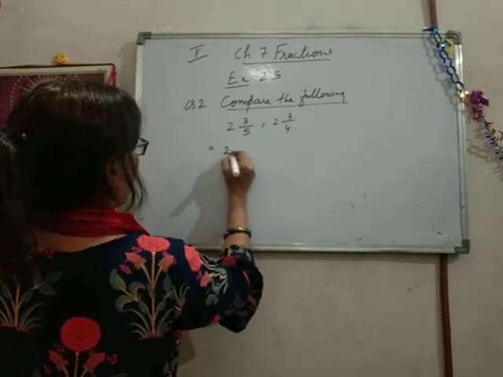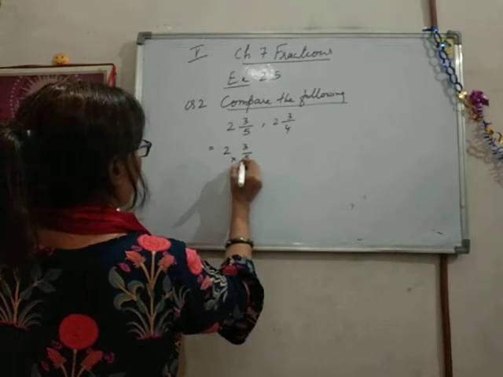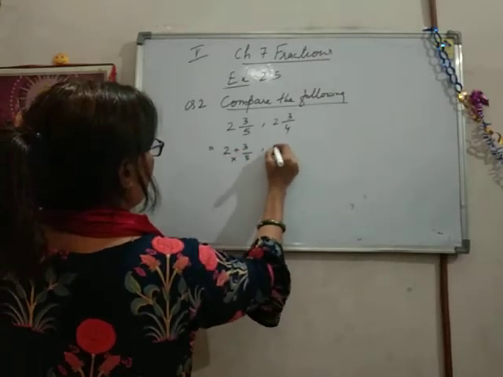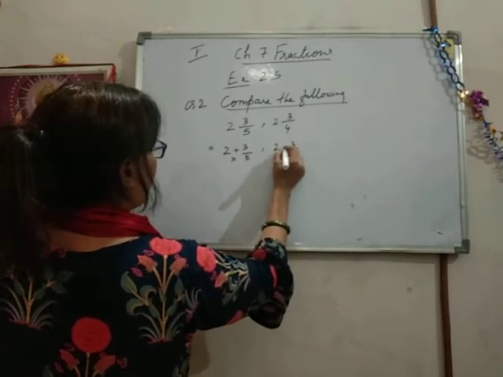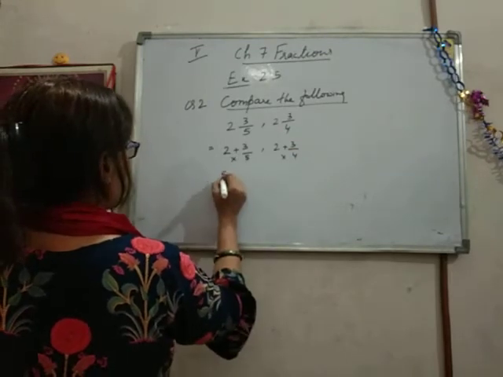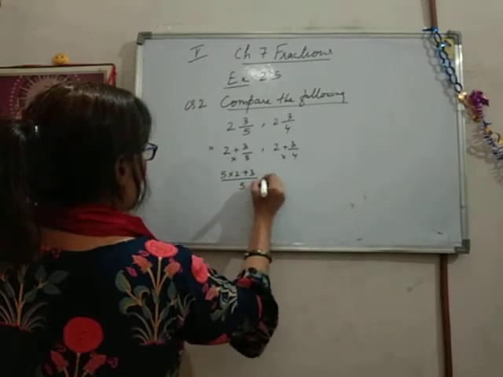Now see again here. Again I write in this way. Multiplication between the whole number and the denominator, plus the numerator. Here also the same thing: multiplication between the whole number and the denominator, plus the numerator. So we write in this way: 5 multiplied by 2 plus 3 upon 5.